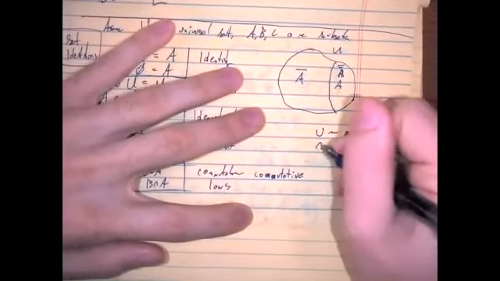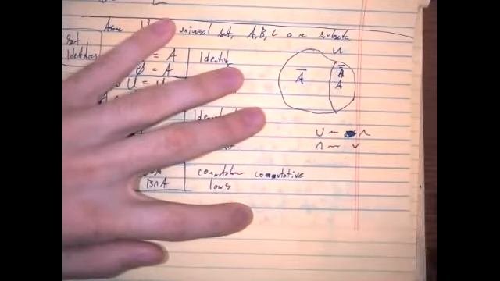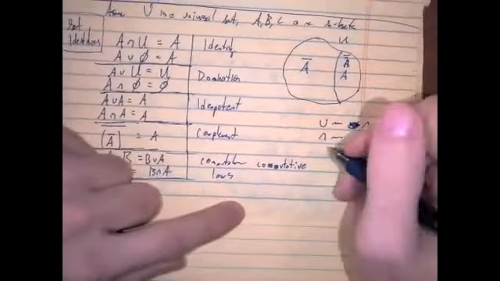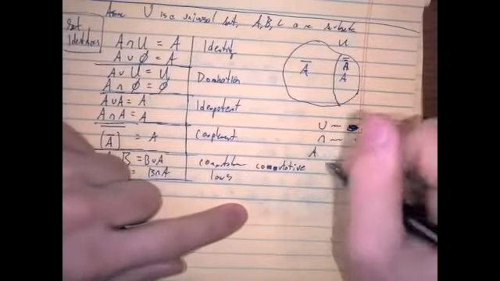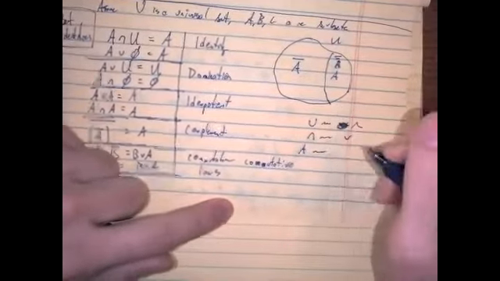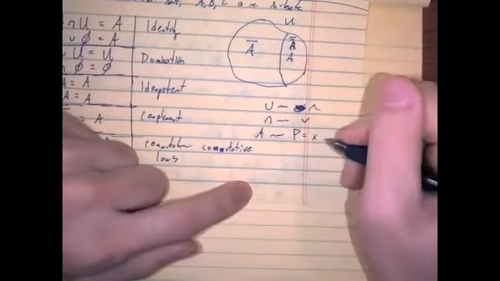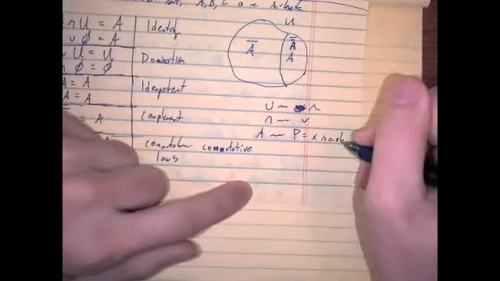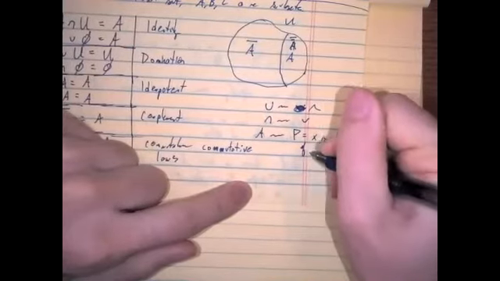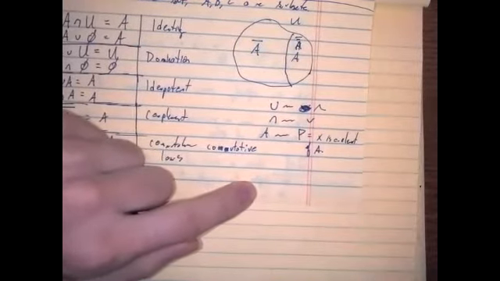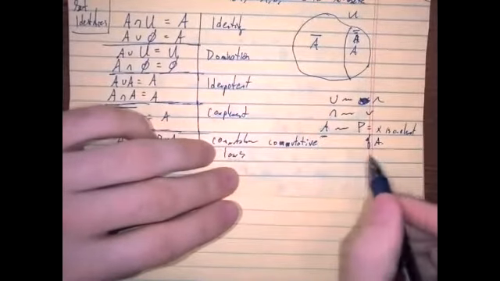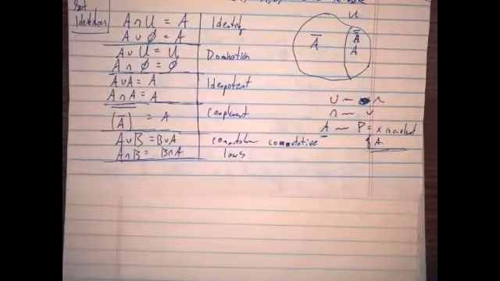Union goes to and, intersection goes to or, and then the set A goes to the property P, which is equal to X is an element of A, right? So then if this is the translation between a set and a proposition, how do I get a tautology?